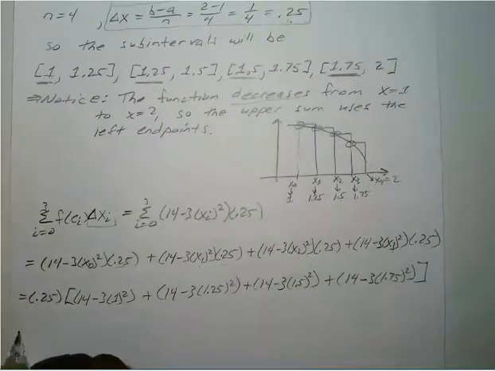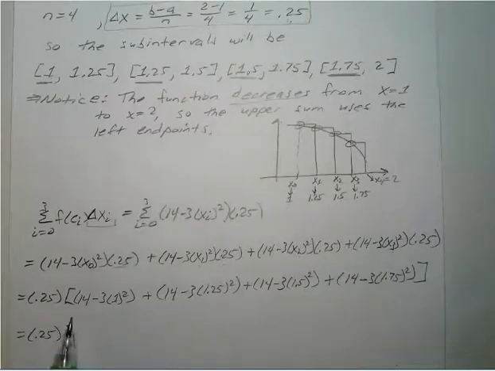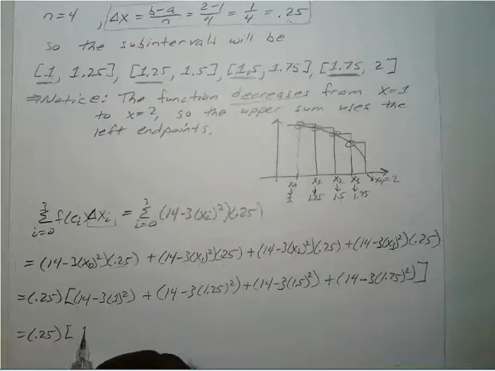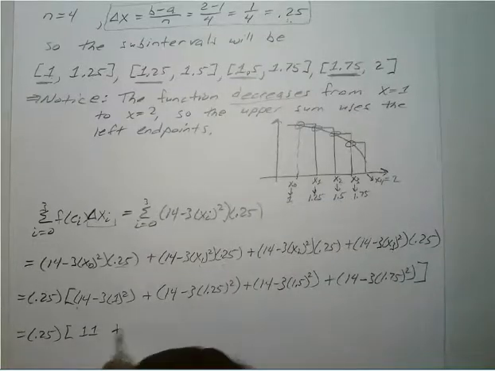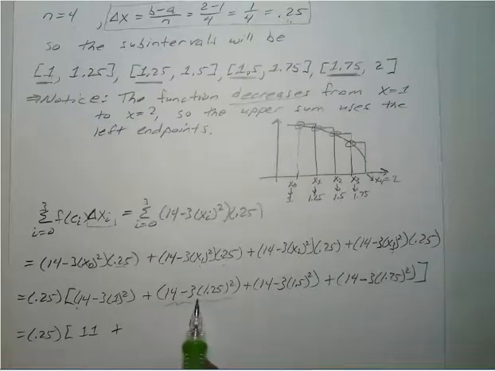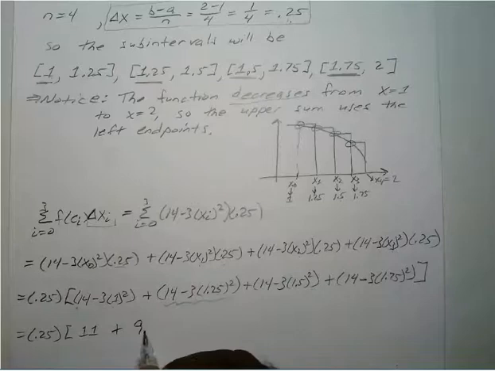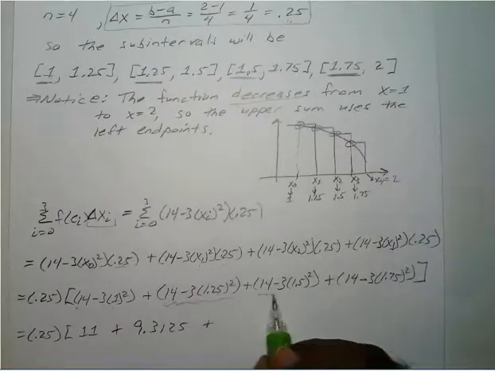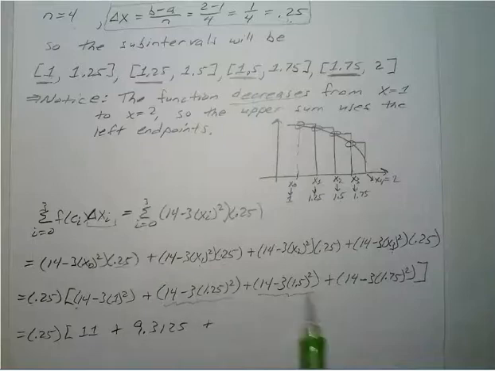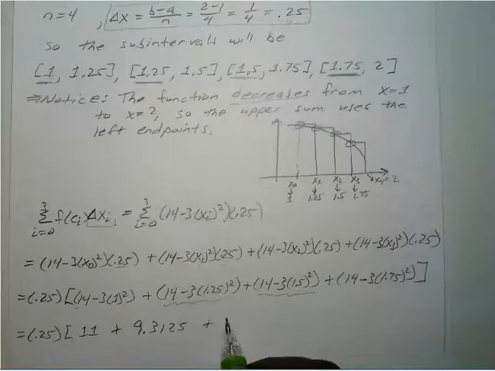Okay, so from here, we have our 0.25 that we factored out. 14 minus 3 times 1 squared is just 11, or 14 minus 3. Plus 14 minus 3 times 1.25 squared is 9.3125. Plus, now we do this one, 14 minus 3 times 1.5 squared is 7.25.